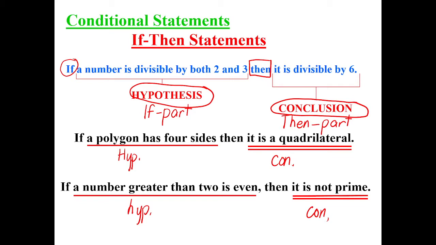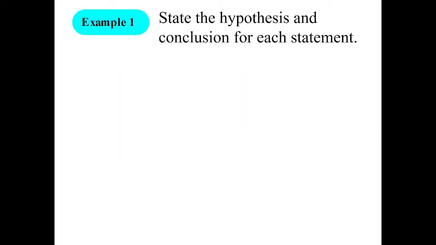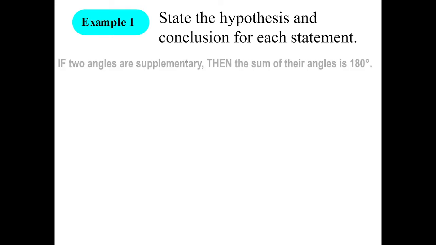Okay? Let's have more examples. State the hypothesis and conclusion for each statement. Okay, this one. What is the hypothesis? Okay, two angles are supplementary is the hypothesis. This one. What about the conclusion?